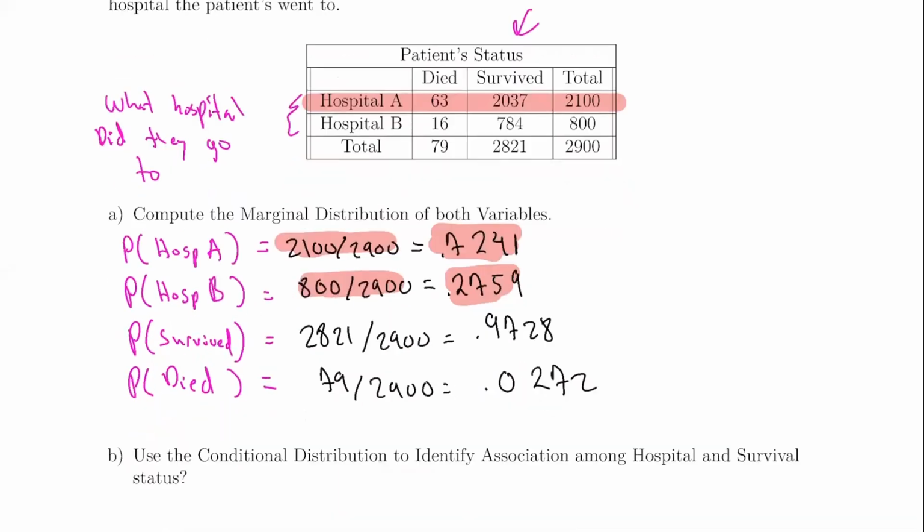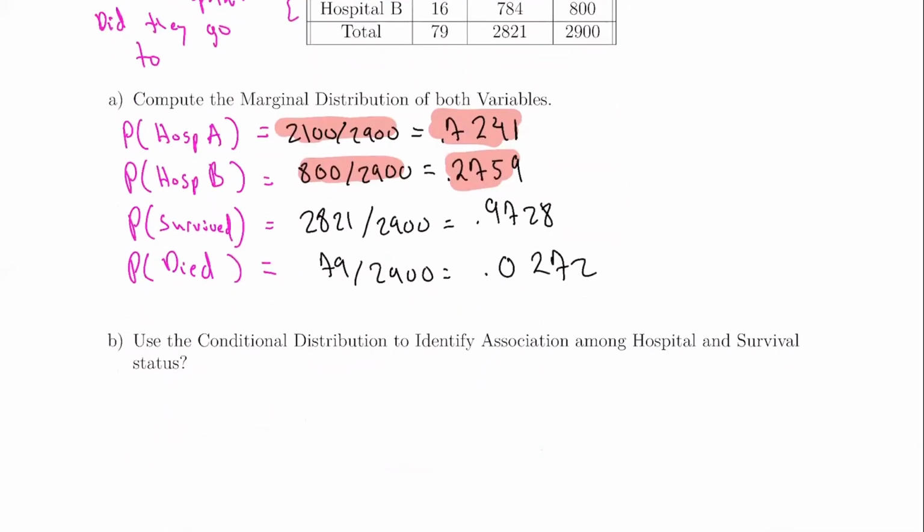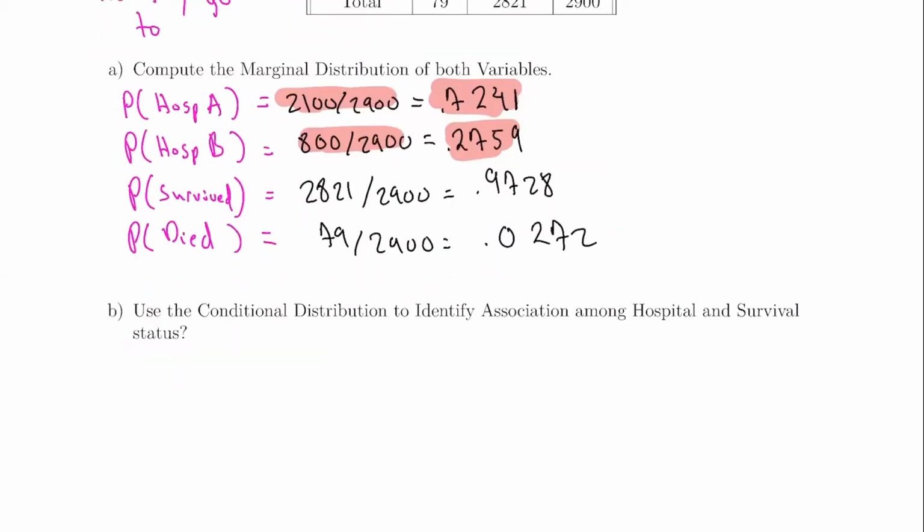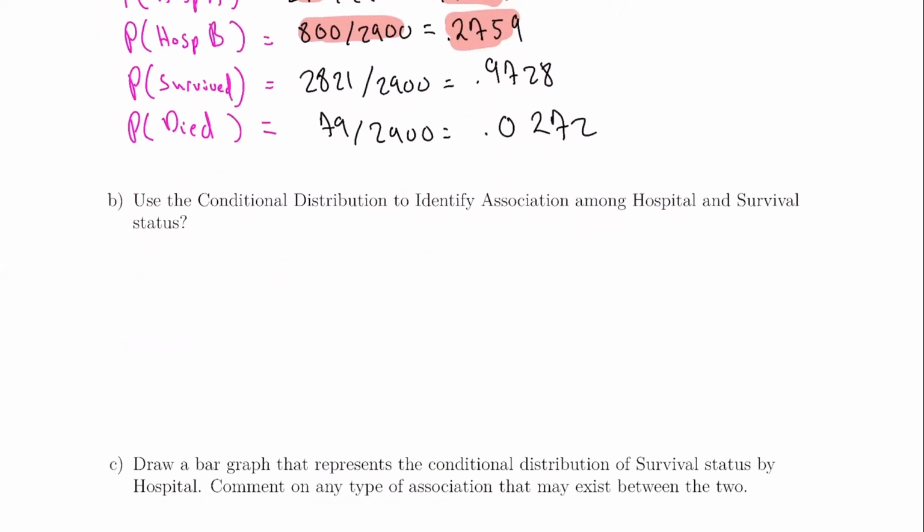All right, let's do part B. So up next, we're gonna do part B. It says use the conditional distribution to identify association among hospital and survival status.